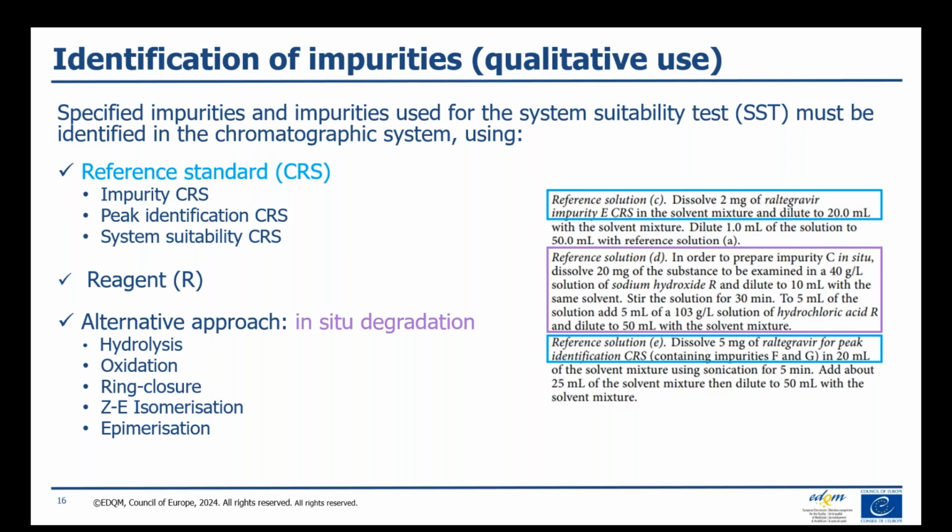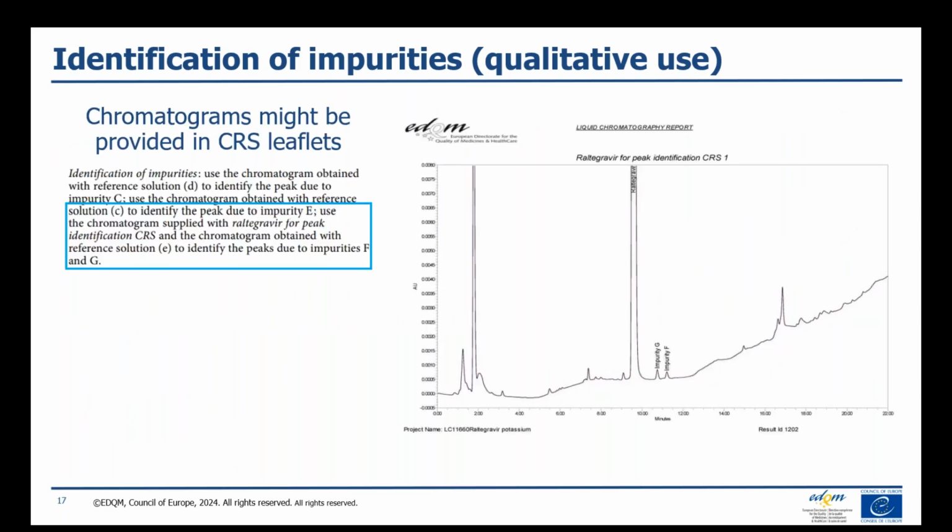It is, for example, the case here for impurity C. So there is this preparation which can be used to identify impurity C. Sometimes we also provide a typical chromatogram with the CRS. This chromatogram is available in the leaflet of the CRS and is also available on the EDQM website. This is clearly indicated in the monograph when it is available.